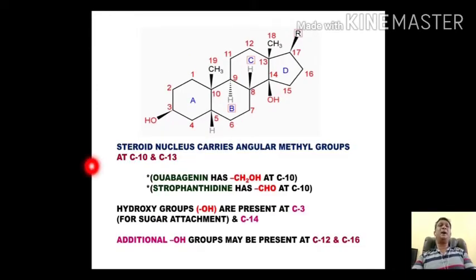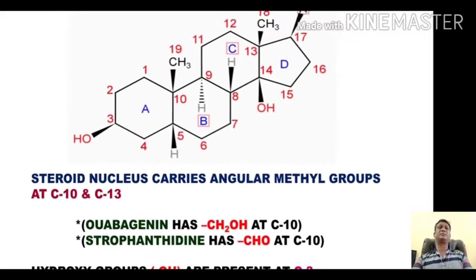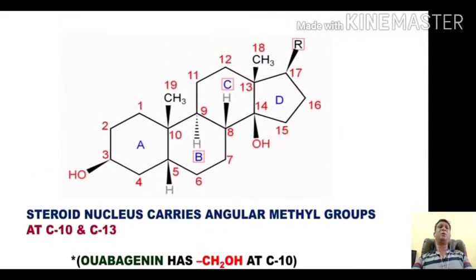Some other features are also present. As I mentioned, the angular methyl groups are present at C10 and C13. This is a very important characteristic of this steroid nucleus.